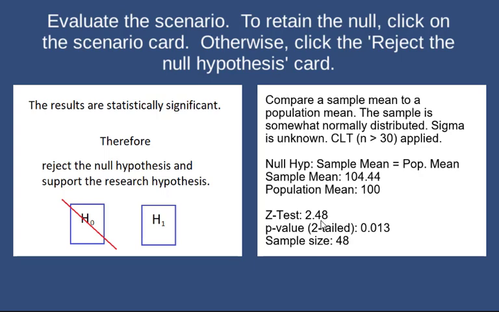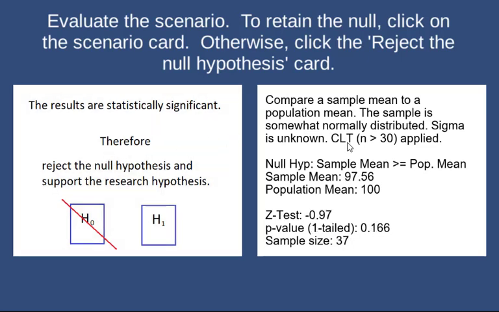Our z-test is 2.48, meaning there's approximately 2.48 standard errors between the sample mean and where the null hypothesis says the population mean is. That's a big difference. The p-value for our two-tailed test is 0.013. That's less than or equal to our alpha level of 0.05, so we'll go ahead and reject the null.